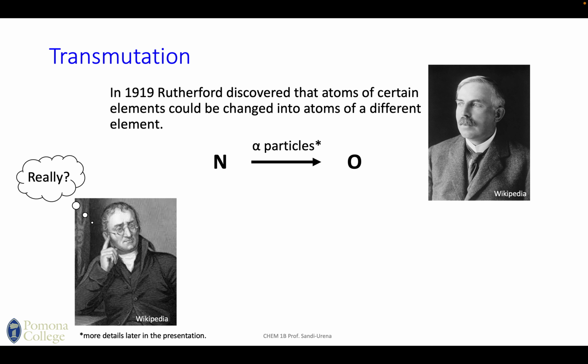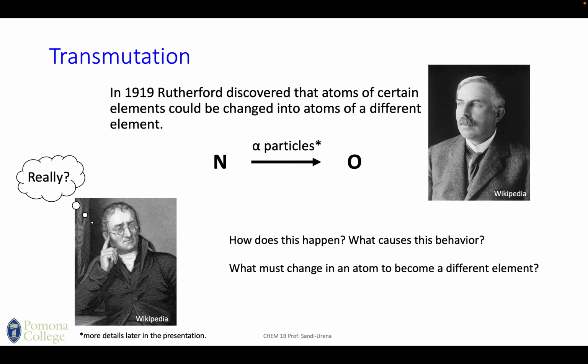So in chemical reactions, Dalton said, the atoms are rearranged, but they are not transmutated. They are not transformed into something different. As we mentioned, Dalton himself was an alchemist, but he would have had trouble believing what Rutherford observed.